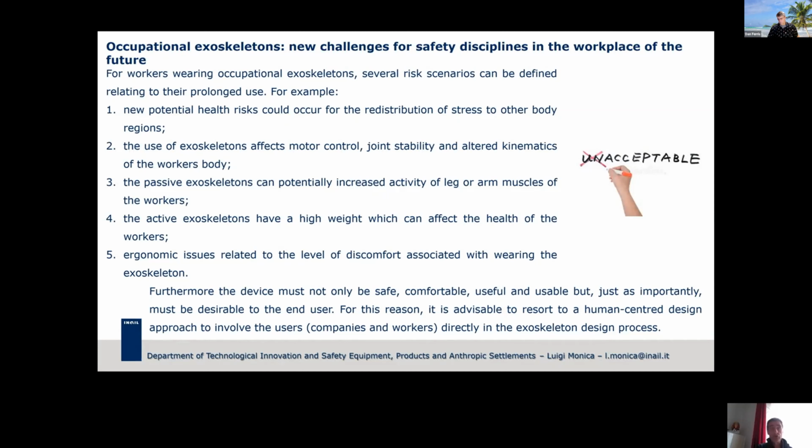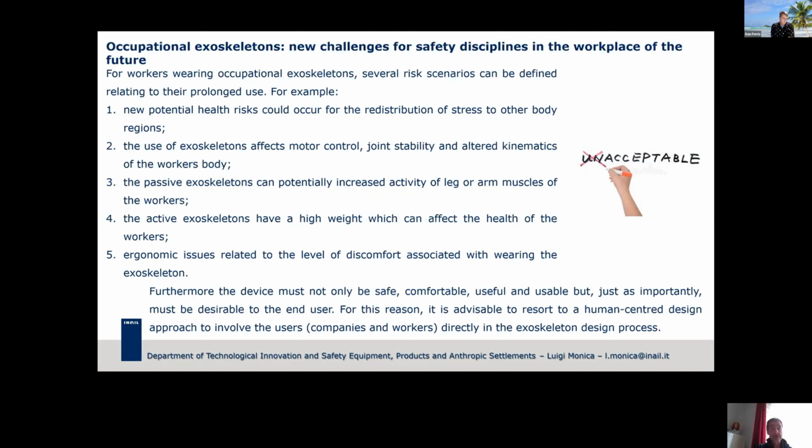For example, new potential health risks could occur from the distribution of stress to other body regions. The use of exoskeletons can affect motor control and gait stability, and alter the kinematics of the worker's body. Passive exoskeletons can potentially increase the activity of the leg or arm muscles of the worker. Active exoskeletons have a high weight which can affect the health of the worker.